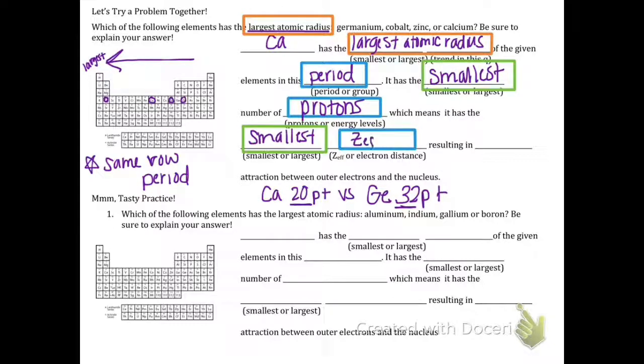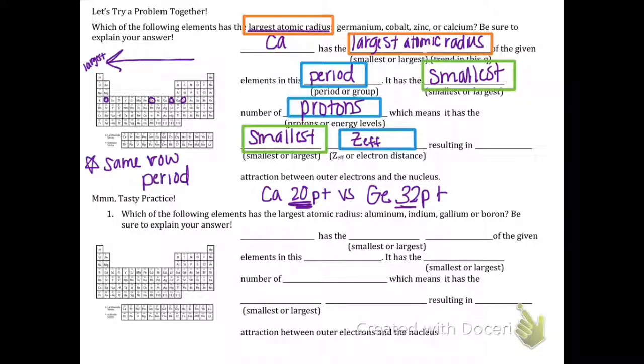Remember that pull, that hug. Protons are hugging on the electrons. So because it doesn't have that many protons, that hug is very weak. It's a very weak hug. So here you see that period, protons, and Zeff all go in relation to each other. Our green boxes here, smallest to smallest, go together.